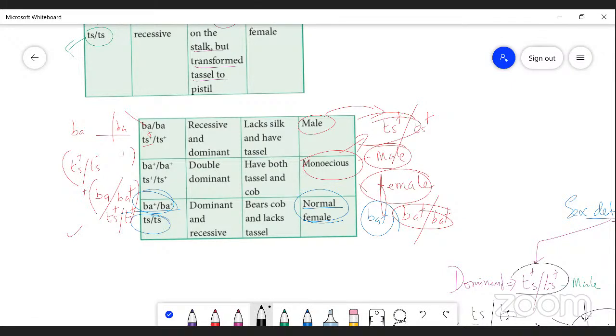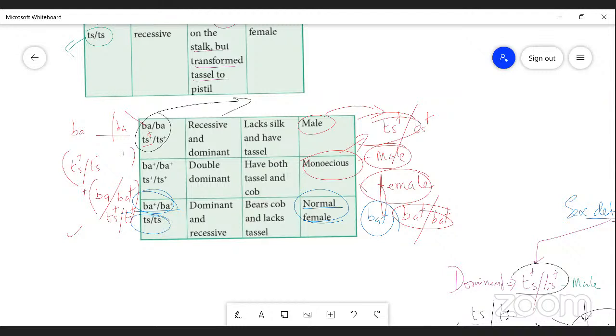Here I have taken small BA and small BA, and TS plus and TS plus. So this form of allele is going to determine what type of organism, whether male or female? Female.